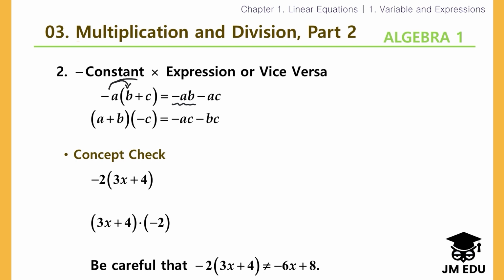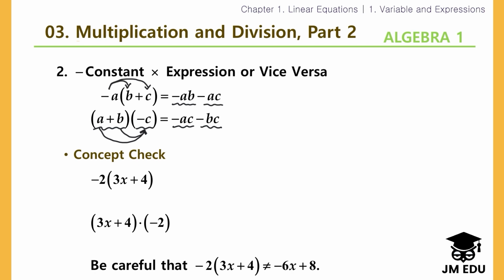Negative a times c, that's minus ac, right? Or a binomial times a monomial, same thing. Distributive property: a times negative c, that's negative ac, plus b times negative c, that's minus bc, right?